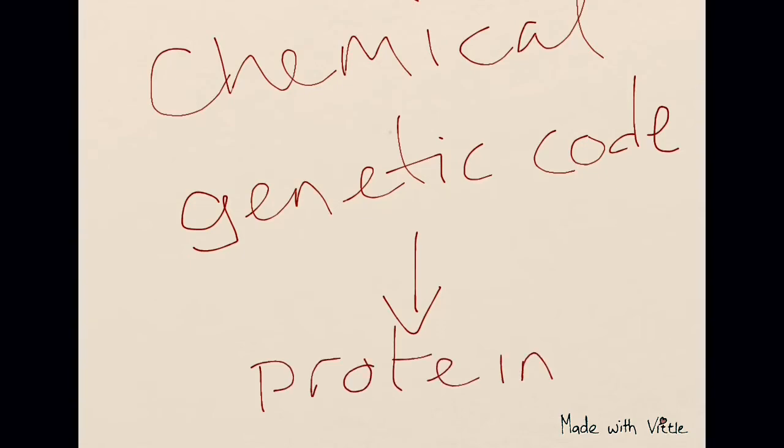Essentially, that is the job of DNA. We're going to look at how that works in a little more detail after we've looked at the structure of DNA at a molecular level.